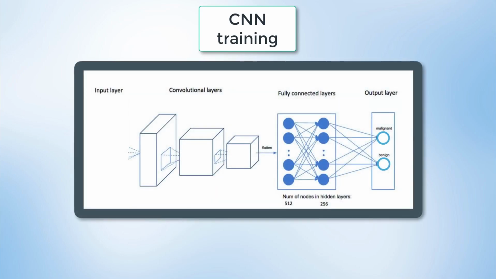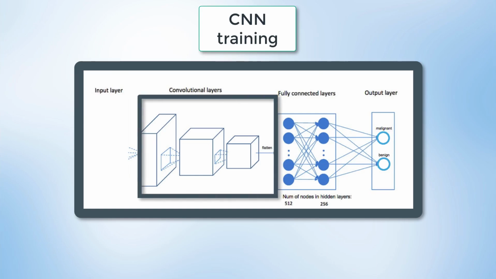First, like always, random values are initialized for all the filters and parameters in the convolutional layers, and random values are also assigned for the weights and bias values in the fully connected layer.